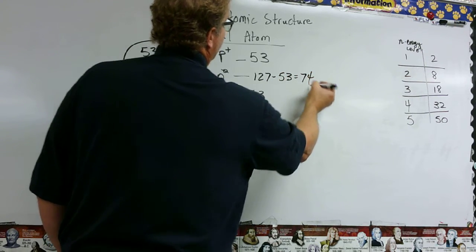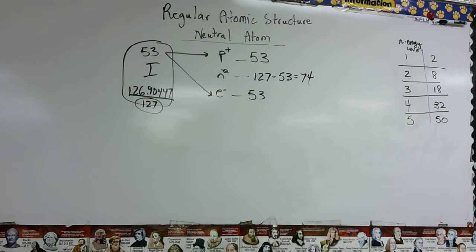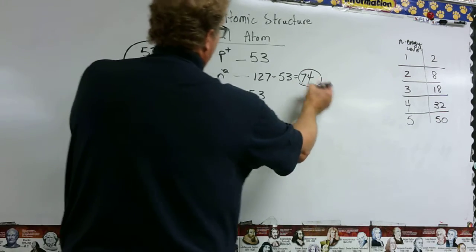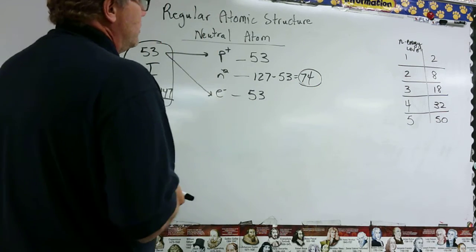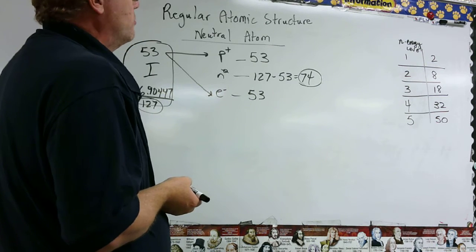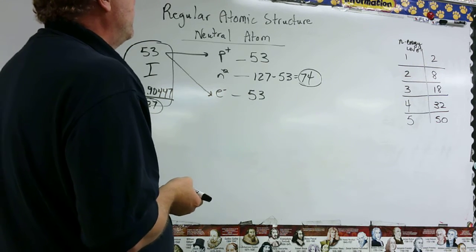So you're going to have 74 neutrons. Neutrons generally tend to be more than both the protons and also the electrons. So you can look at this one being the higher number if you're looking at a trend. If it isn't doing that, then just make sure you're checking your process.